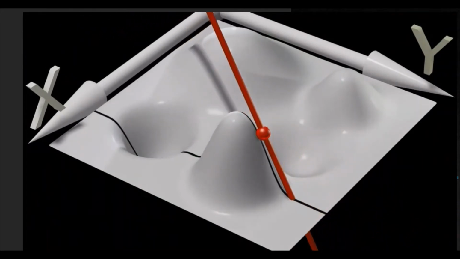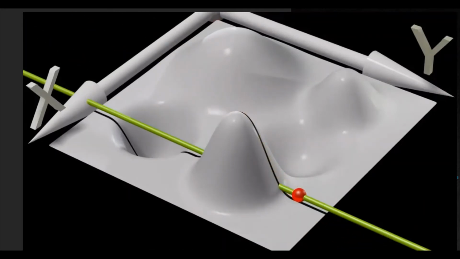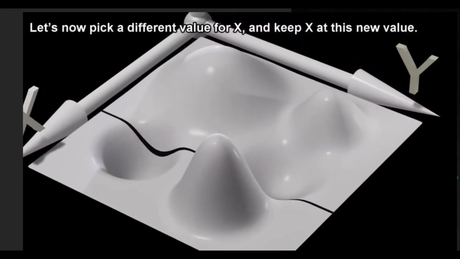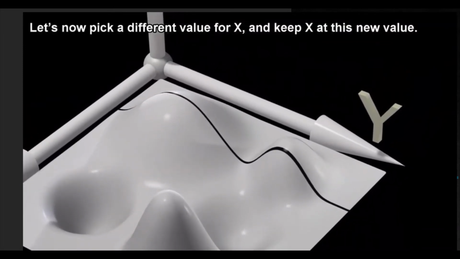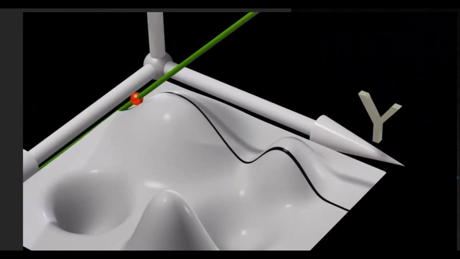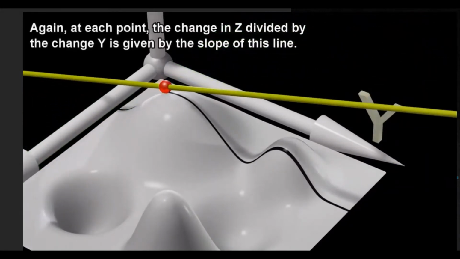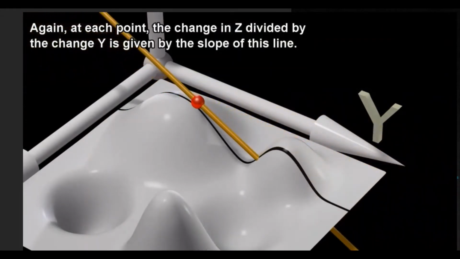Red indicates a negative slope. Let's now pick a different value for x, and keep x at this new value. Again, at each point, the change in z divided by the change in y is given by the slope of this line.